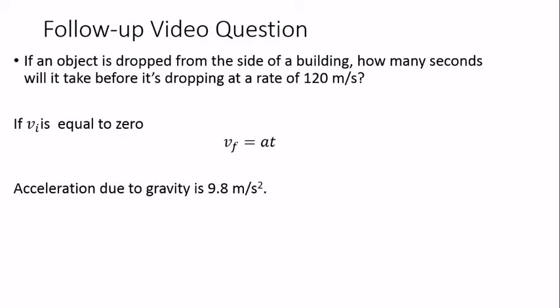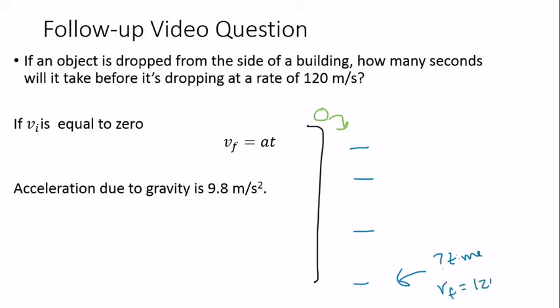Now in the question here, here's my building, here's my object, make it green. We're going to drop it and it's going to go faster and faster and faster. We want to know what will the time be, question mark time, when the final velocity is 120 meters per second.